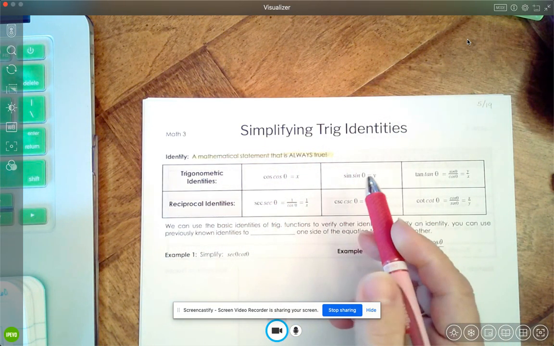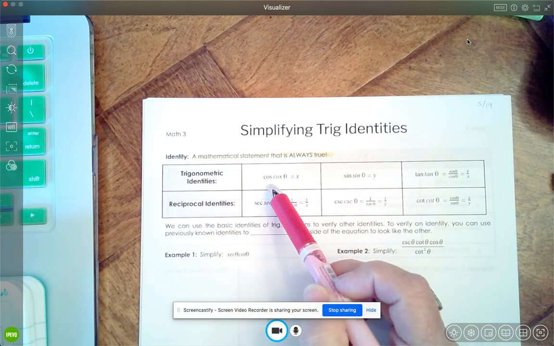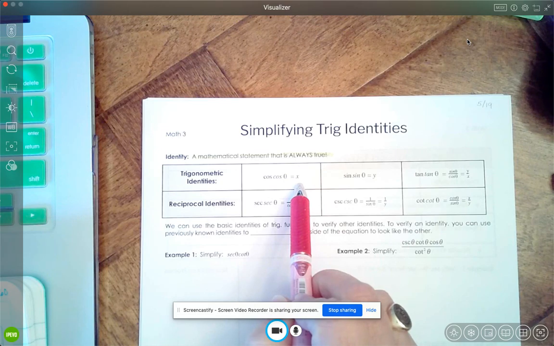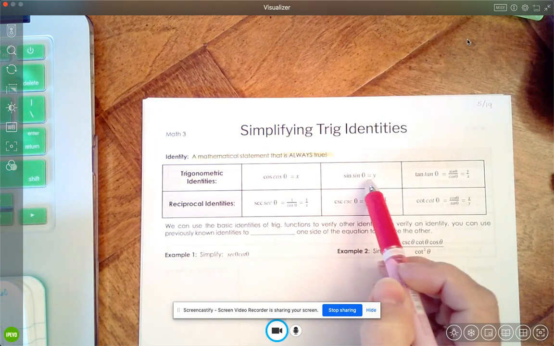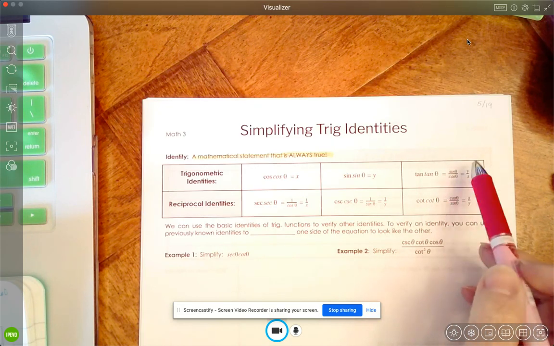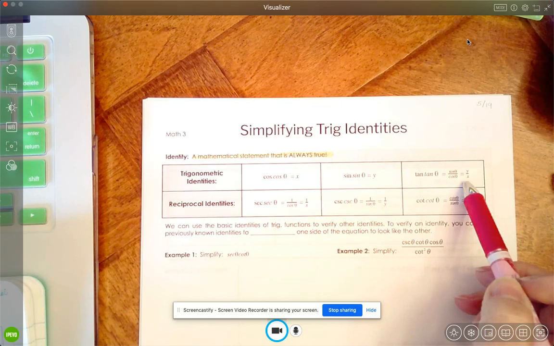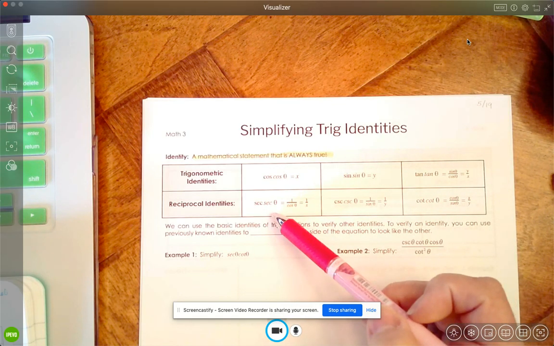Some of the trig identities that we have: the cosine of an angle is x. The sine of an angle is y. And the tangent of an angle is sine over cosine, or y over x. We have the secant.